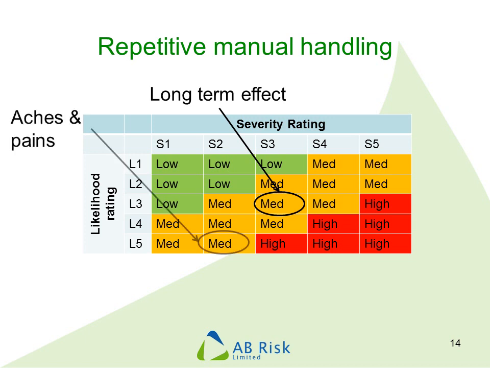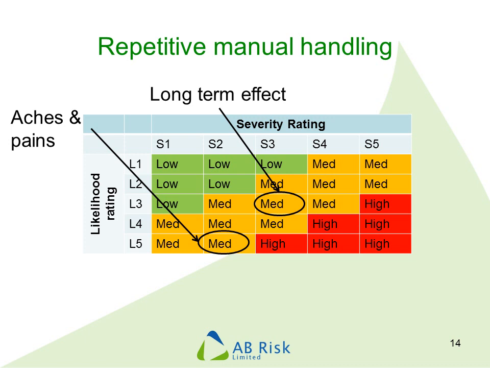And we've got the general aches and pains. Well, that's a lesser outcome. That's a minor severity. But we could argue, depending on the nature of the activity, that everyone doing that task or performing that job could suffer from some aches and pains at some time. So actually the likelihood becomes very likely or even certain.